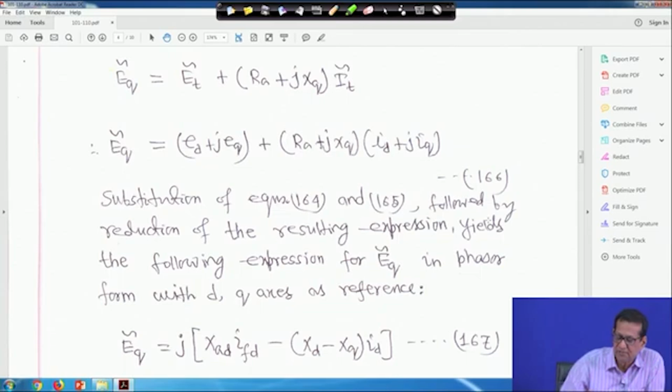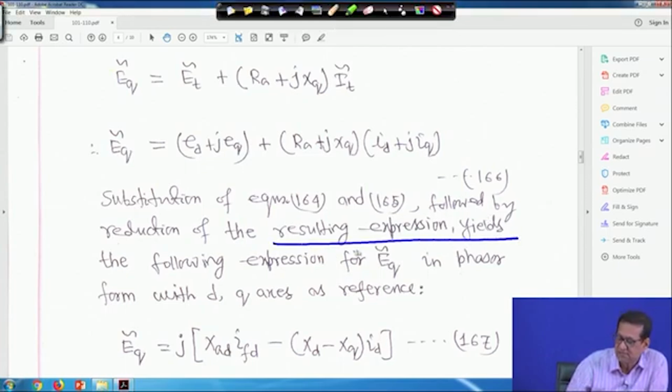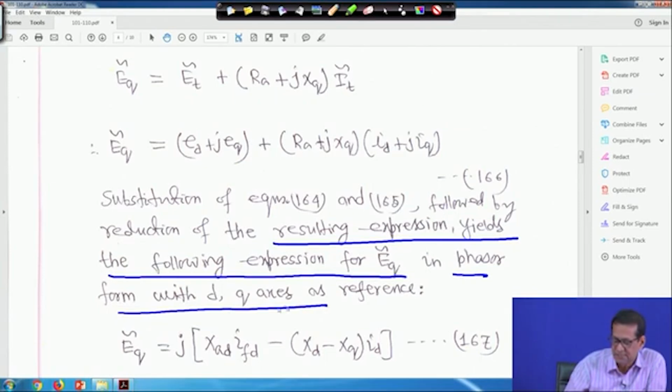So, now substituting equations 164 and 165, followed by reduction of the resulting expression, it gives the following expression for EQ tilde in phasor form with D Q axis as reference, right.